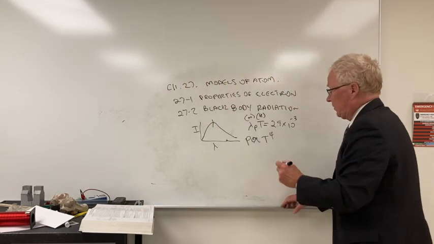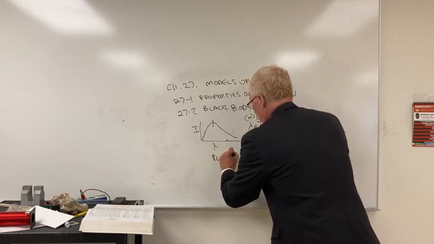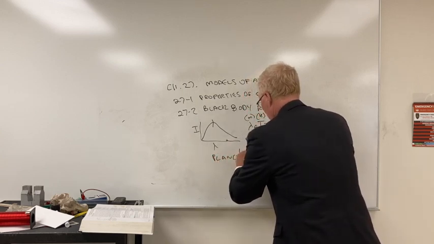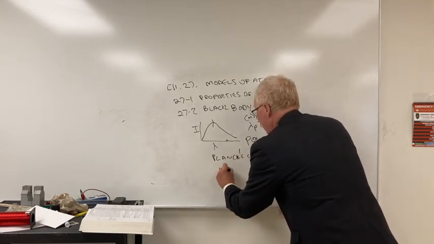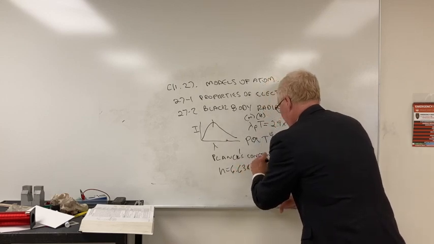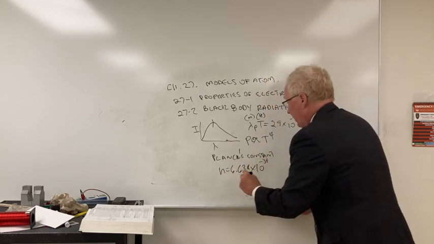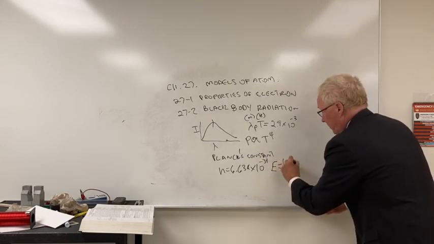Also part of this section is Planck's constant, h, which is 6.634 times 10 to the minus 34th. And related to this, the energy of a photon is h times the frequency.